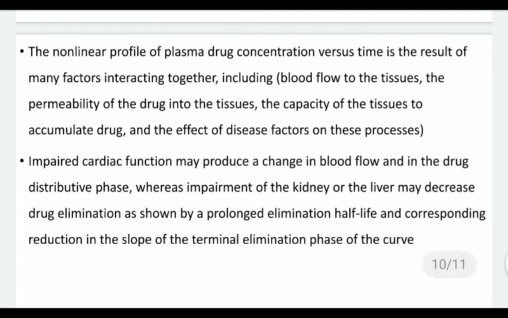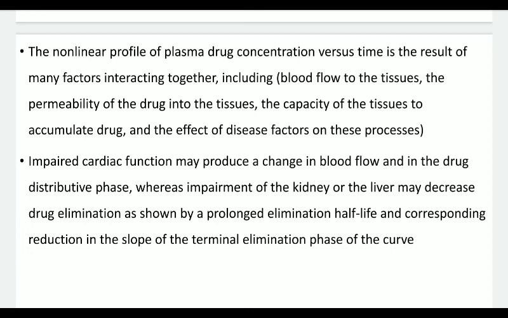The nonlinear profile of plasma drug concentration versus time is the result of many factors interacting together, including blood flow to the tissue, the permeability of the drug into the tissue, the capacity of the tissue to accumulate drug, and the effect of disease factors on these processes.